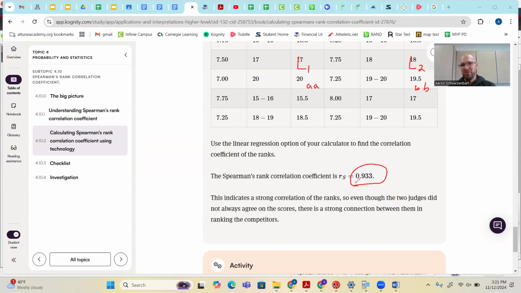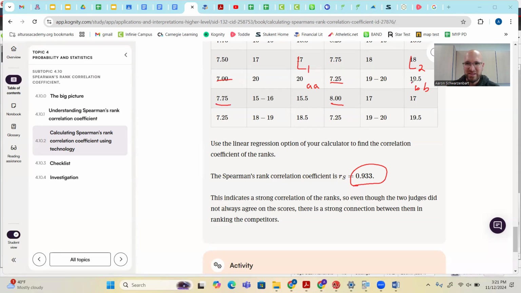There's a relatively good, strong correlation between how the judges ranked who was best. They didn't line up perfectly. You know, this person's got a 7.75 from that judge, and this person's got an 8. This person's got a 7, this has a 7.25. Again, they're not scoring them exactly the same, but their ranking order is similar.